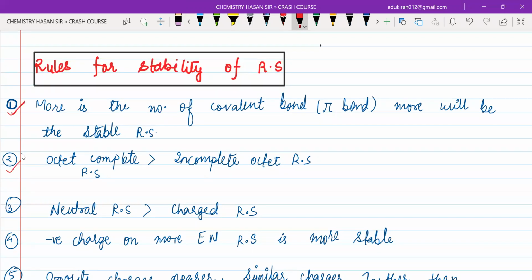Then check the octet. Octet complete resonating structure will be more stable. Then if there is neutral resonating structure, that will be more stable than charged resonating structure. Always remember this point. Negative charge on more electronegative element is more stable, and positive charge on less electronegative element is more stable. Is that clear?